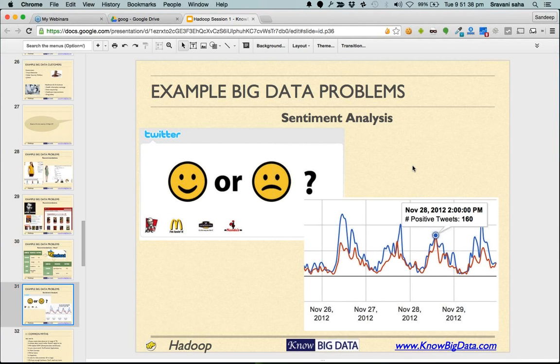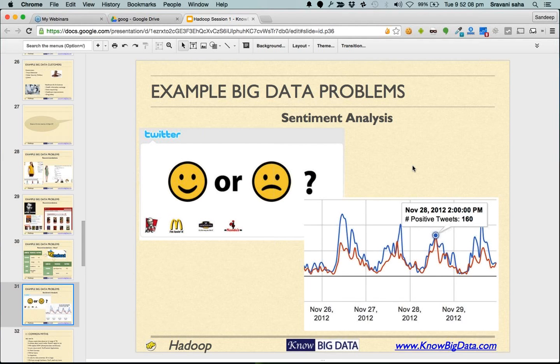Whether the reception is good or bad, say you're launching a new movie and you want to see how it is going. Continuously you observe the behavior of people on various forums: how many people are liking your page, how many are responding to your post with positive or negative feedback, how many are posting to Twitter.